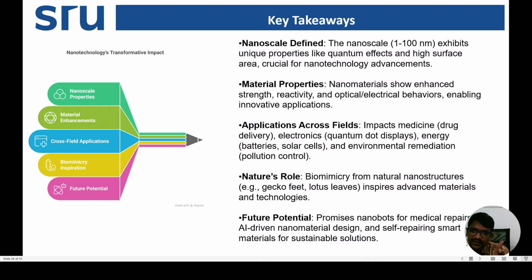Okay, so where do we find these applications? In most of the fields. For example, we already discussed medicine, like drug delivery, and electronics, like flexible electronics, right? In solar cells, in energy technologies, in batteries, in supercapacitors. How do we bring new things to batteries?